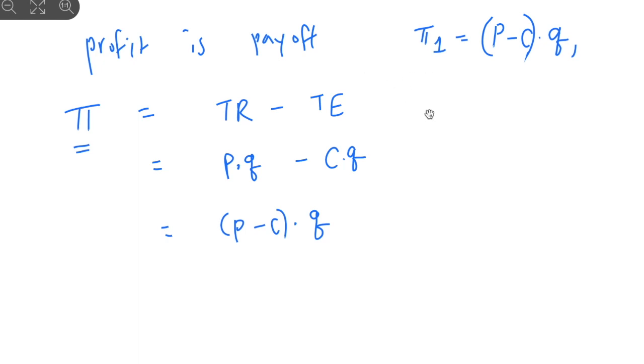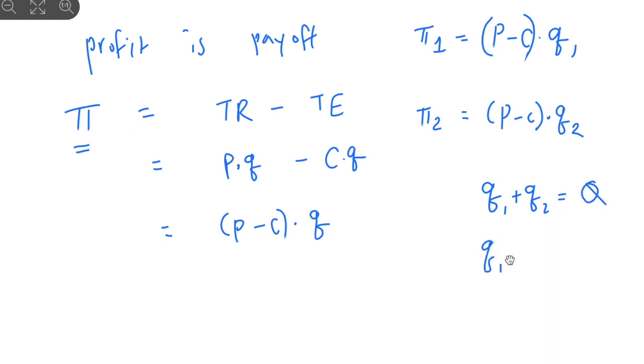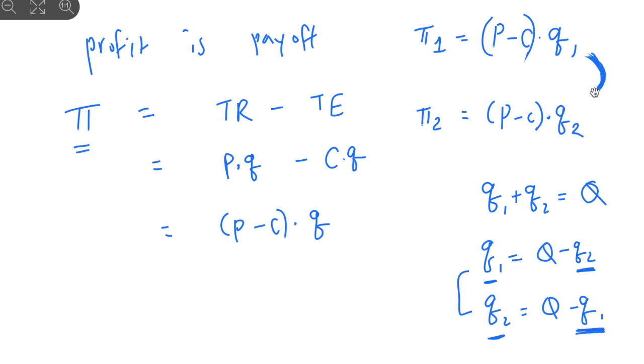And for the payoff of Firm 2, Shell, it is equal to P minus C times Q2, right? And we know that Q1 plus Q2 equals big Q, so we can substitute Q1 with total Q minus Q2, or Q2 with Q minus Q1. So what we're saying is Q1 depends on Q2 and Q2 depends on Q1, right? They are interactive.